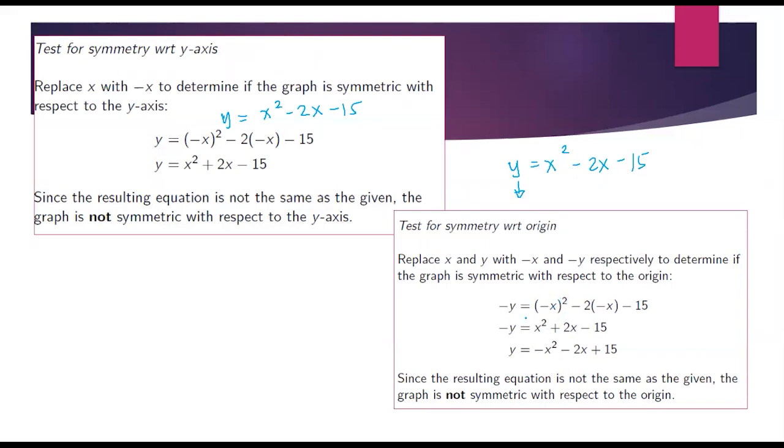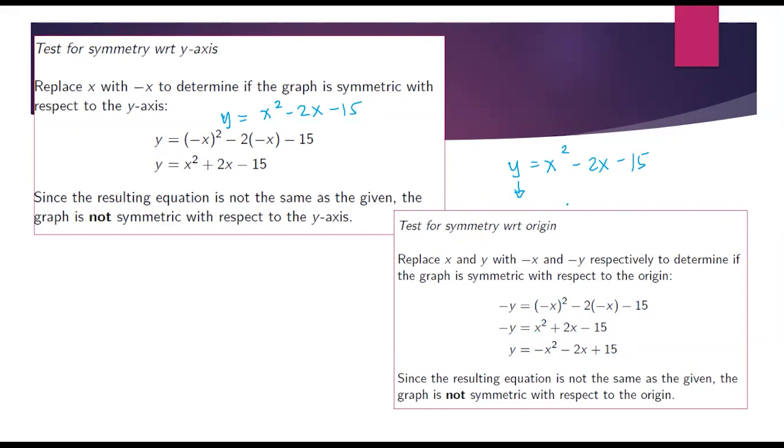Simplifying, I have negative y is equal to positive x squared plus 2x minus 15. Then we divide both sides by negative 1, so I have y is equal to negative x squared minus 2x plus 15.